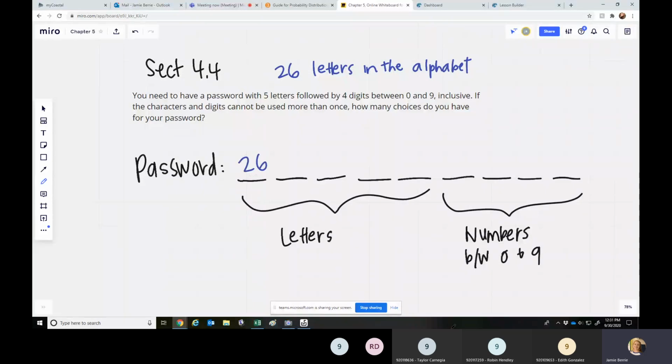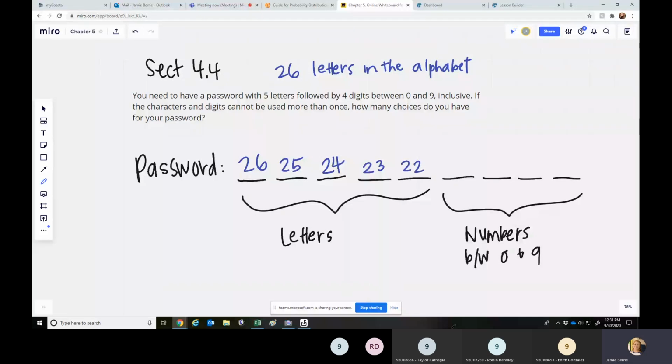Now let's say that we chose the letter A. We cannot use that letter again, so now we only have 25 choices for our next letter. And similarly, after we choose that second letter, we only now have 24 letters to choose from, and then 23, and then 22 letters to choose from.